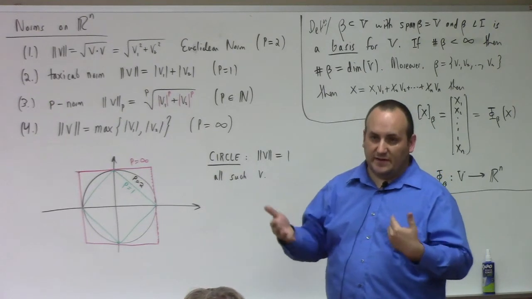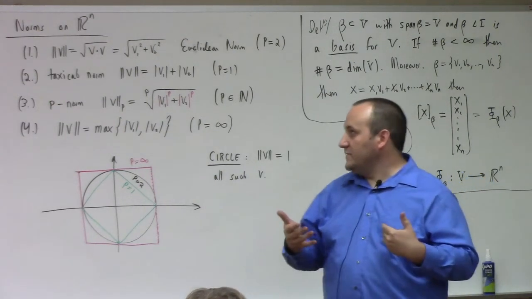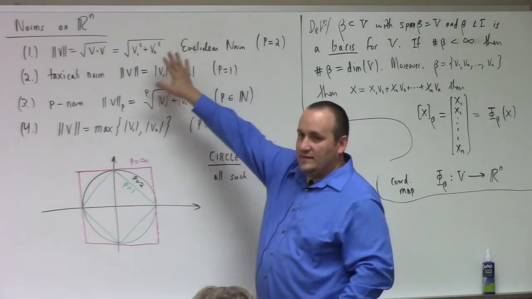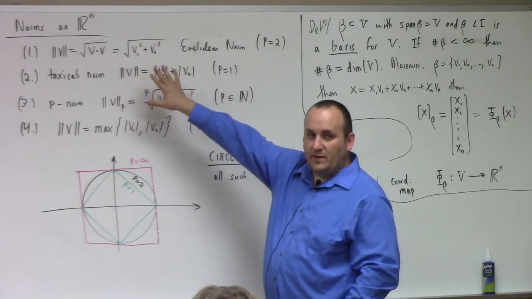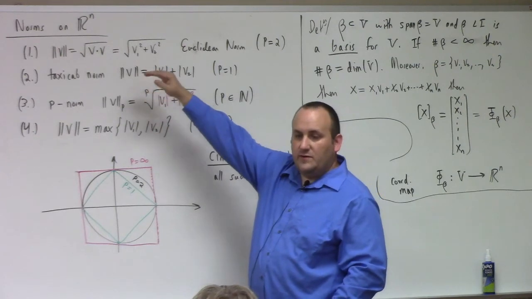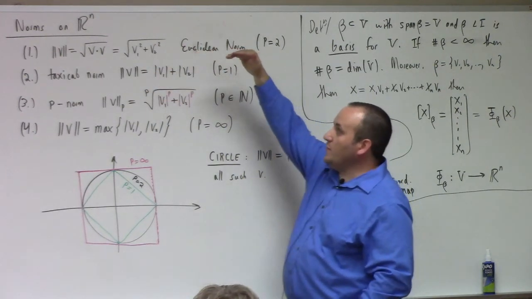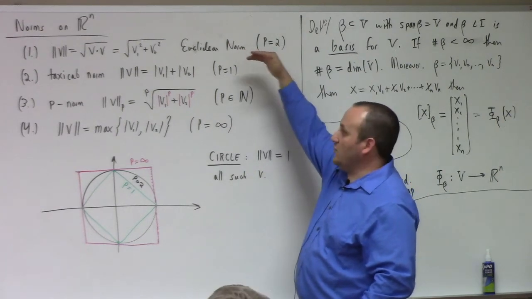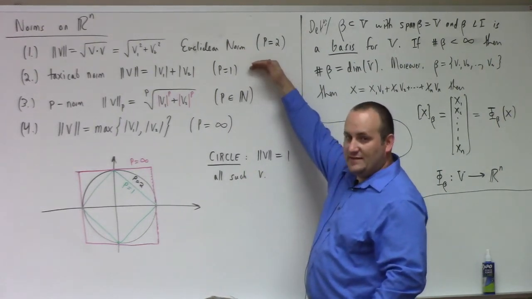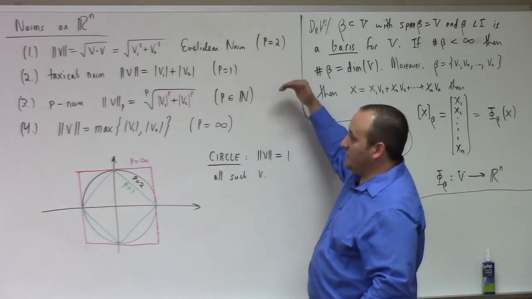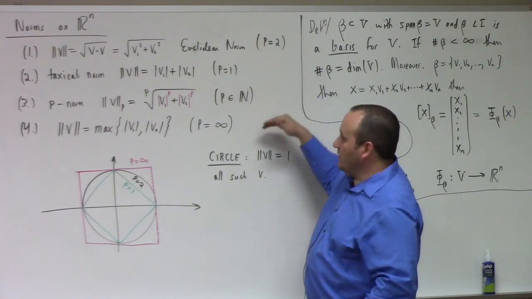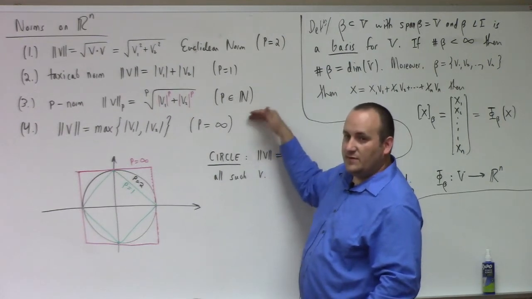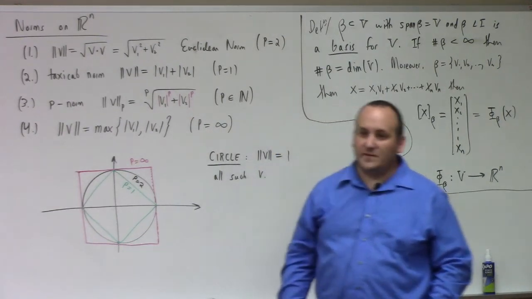So my question to you would be, if you think about an open set in the plane, is it going to matter whether it's open with respect to the Euclidean norm, or the p equals 1 taxicab norm, or the p norm for other p, or the max norm? Do these different norms give you different concepts of what an open set is in the plane?